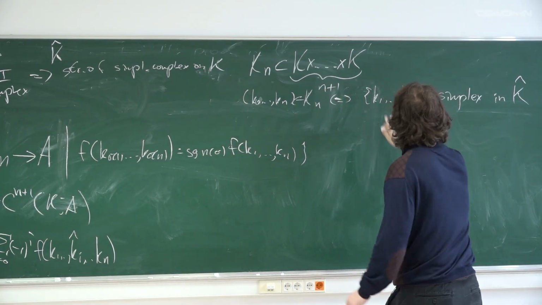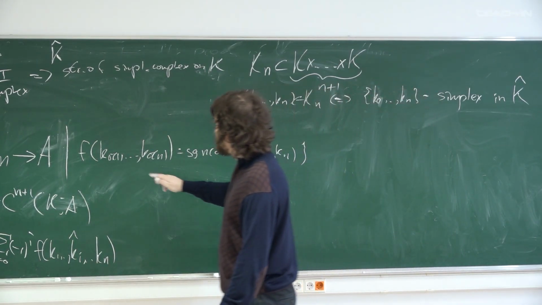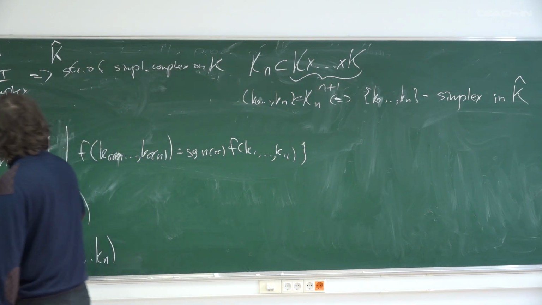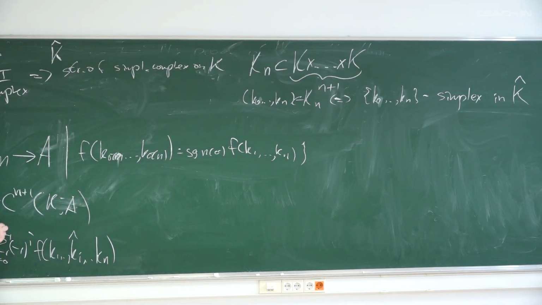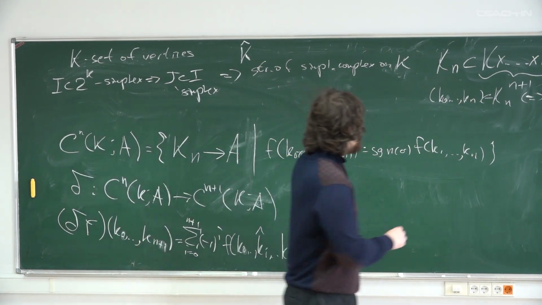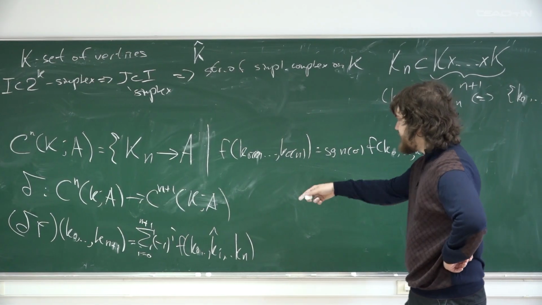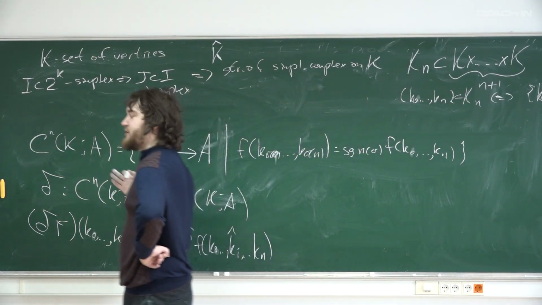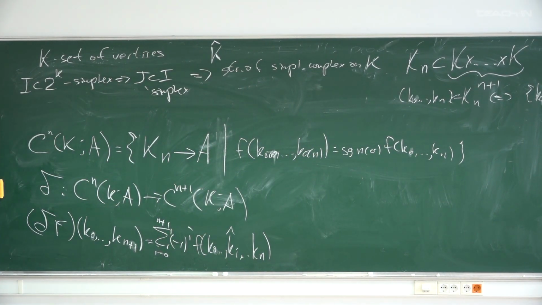And the cohomology of this cochain complex is just the simplicial cohomology of your simplicial complex, the usual one. But the complex is different.